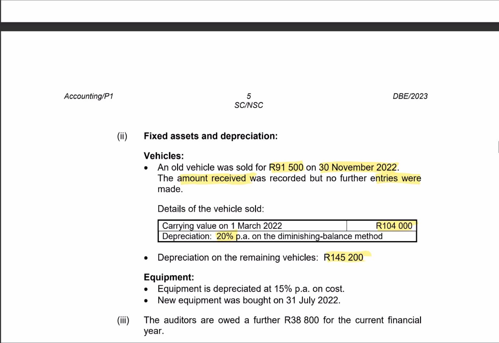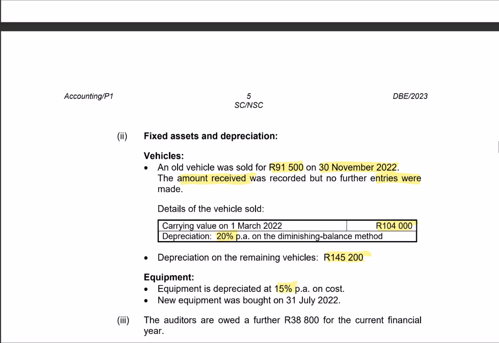They calculated the depreciation of the remaining vehicles. That means you don't have to stress about anything. What you need to do is just record the depreciation for the vehicle that was sold. Equipment is depreciated at 15% per annum on cost.